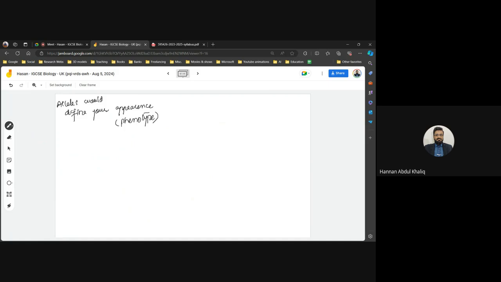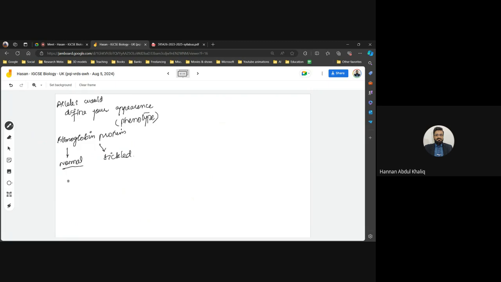Let's say there is a character, the hemoglobin protein. It has two forms. One form is normal, and the other form is sickled. Normal form and sickled form.